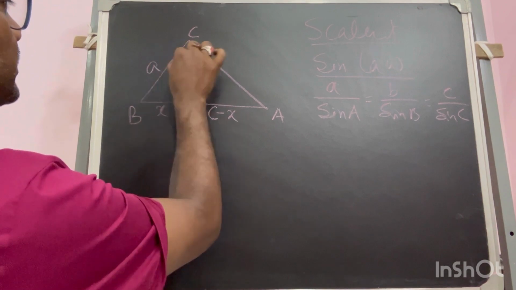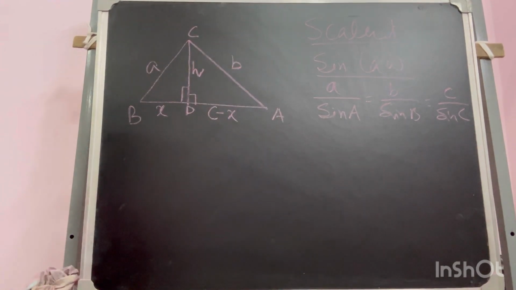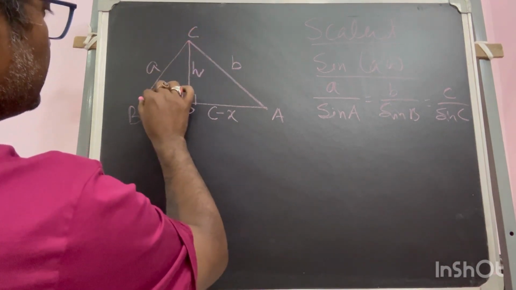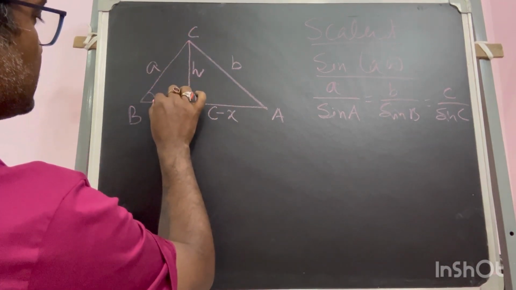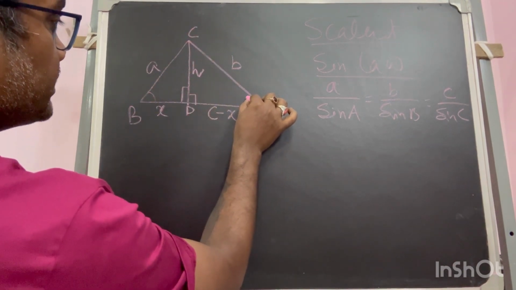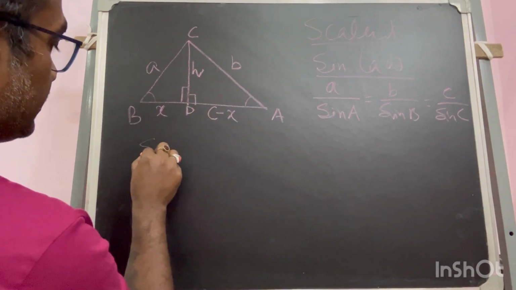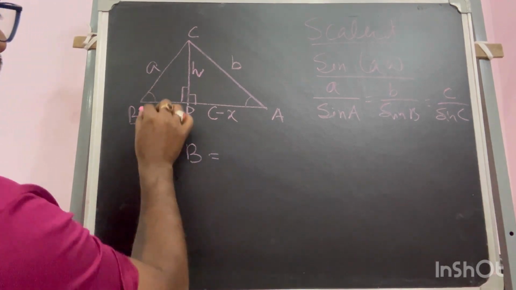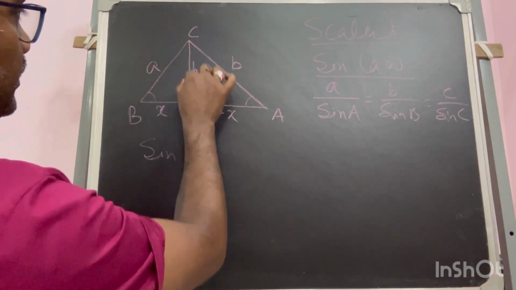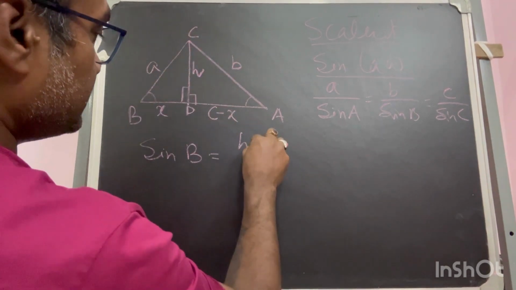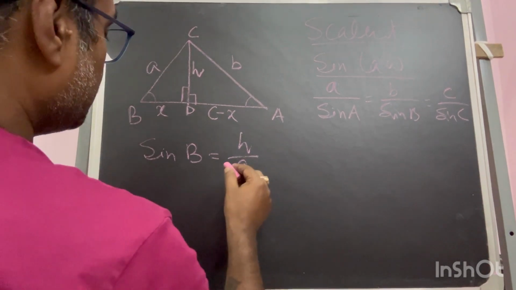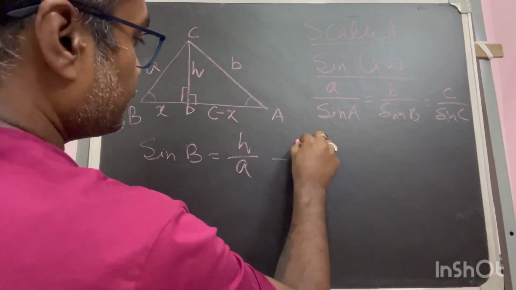This is A, as I said earlier, this is B. Okay, now taking this triangle, and if I assume this angle is B, as I have already said, this side is A. Taking sine of B, what is that? Sine of B, that means height by hypotenuse, h by A. So this is my first equation.